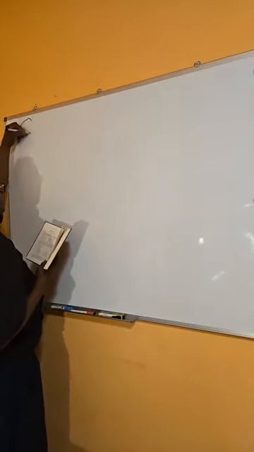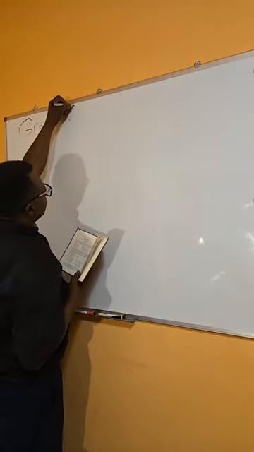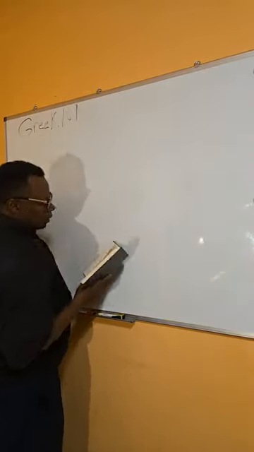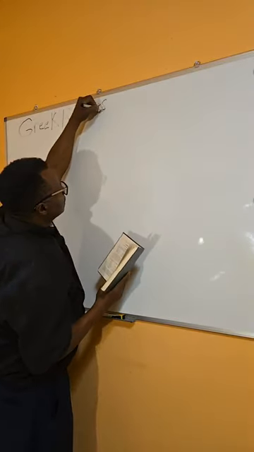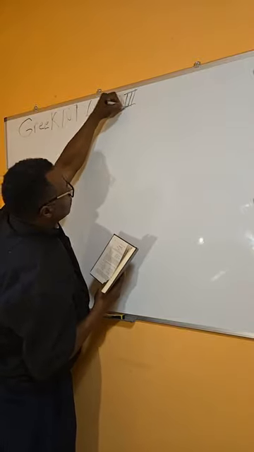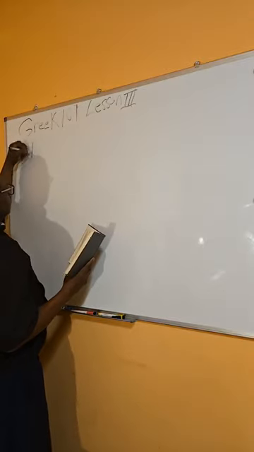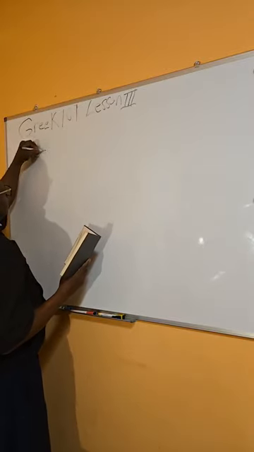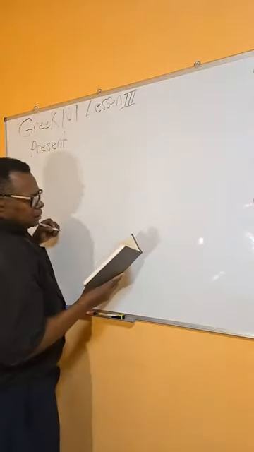All right, we're still in Greek 101, basics. Okay, Greek 101. This is lesson 3, so I'm coming from the manual. This is called the present. You're most all familiar with present tense.